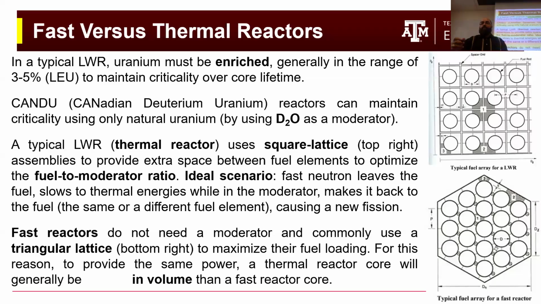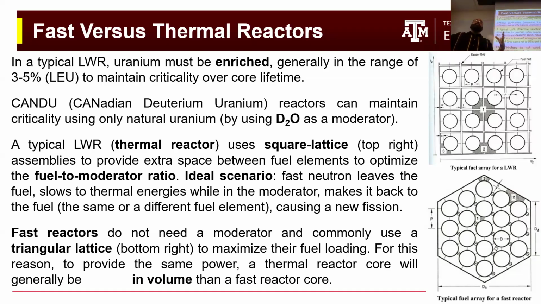Yeah, so that's also why they use a triangular lattice in these fast reactors, because the fuel is allowed to be closer together since you don't need a moderator. So for this reason, if you have a reactor of a given power level, like 1 megawatt, for a thermal reactor we have to have the fuel spaced out.